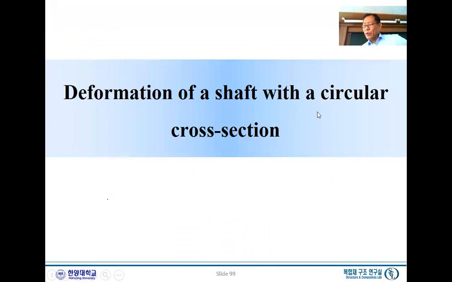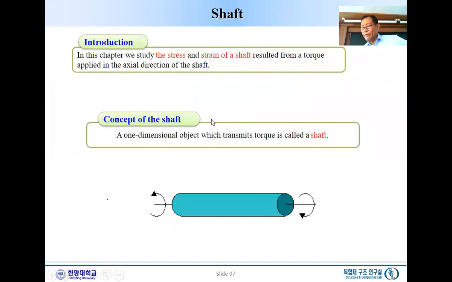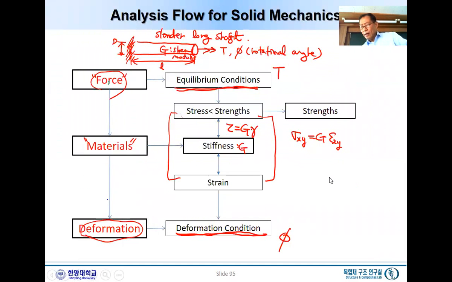Now again, we will focus on the circular cross sections, and let's consider a deformation. You remember, we need to consider deformation conditions. In other words, we have a shaft. I will draw the shaft in the vertical direction. We have a clamp, and we have a rotation or deformation.